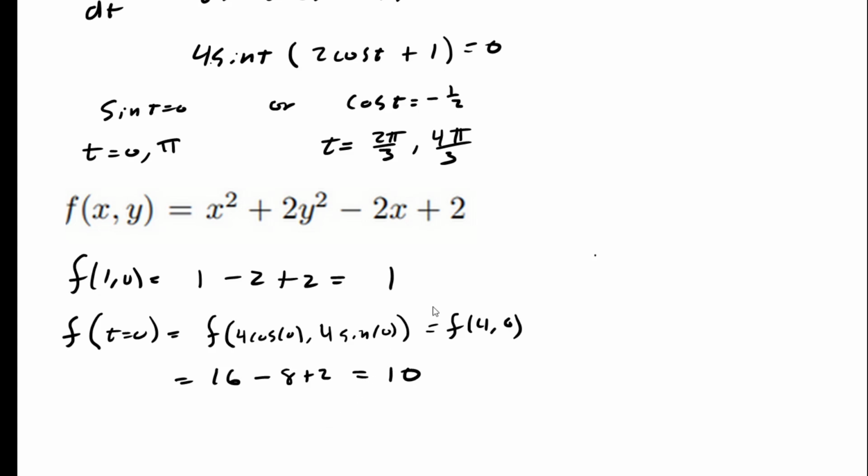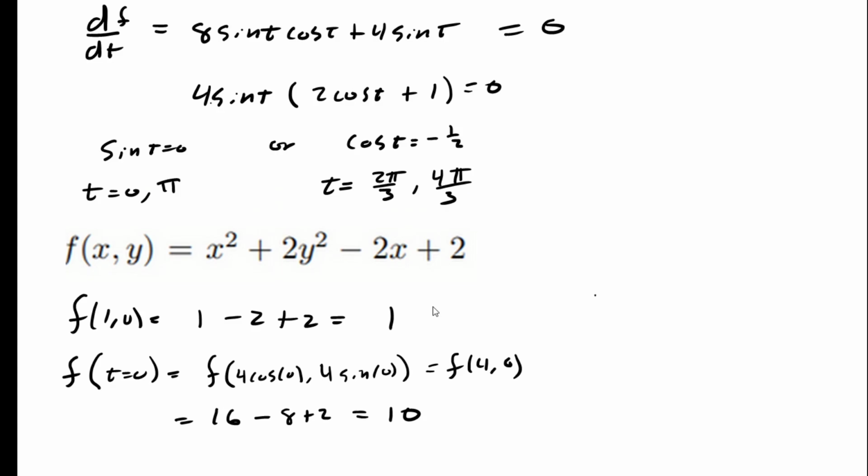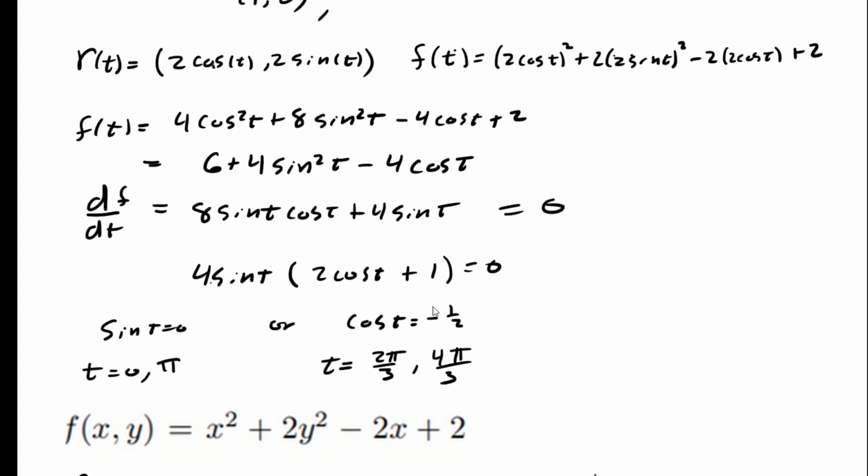How did I get 6? Where do you see a 6? Oh, okay, the 6. I did 4 cosine squared plus 4 sine squared plus 4 sine squared, and then I have the plus 2 at the end.